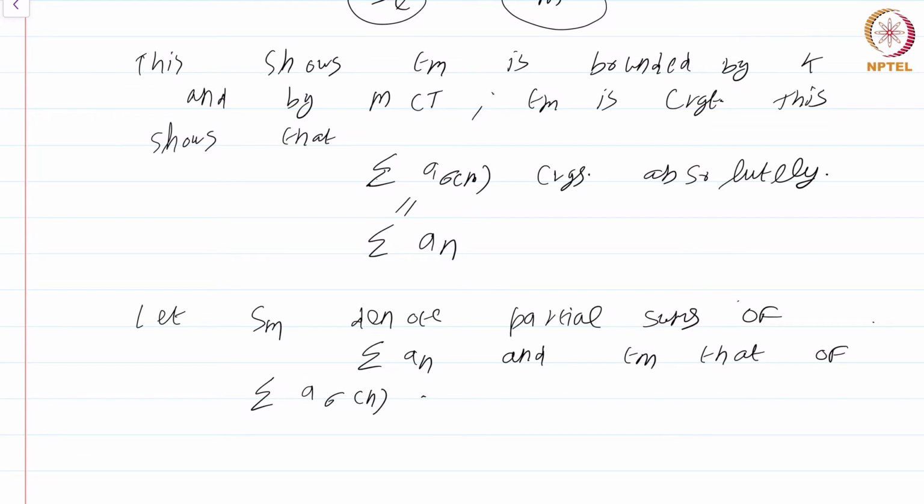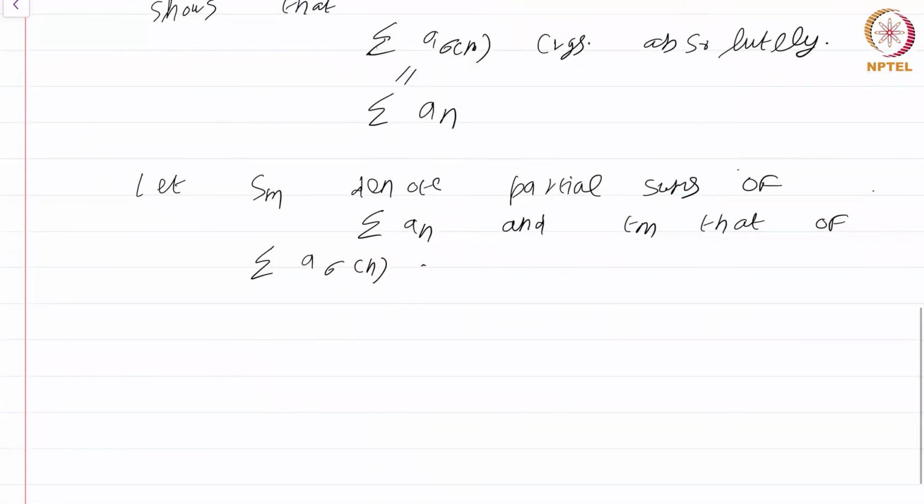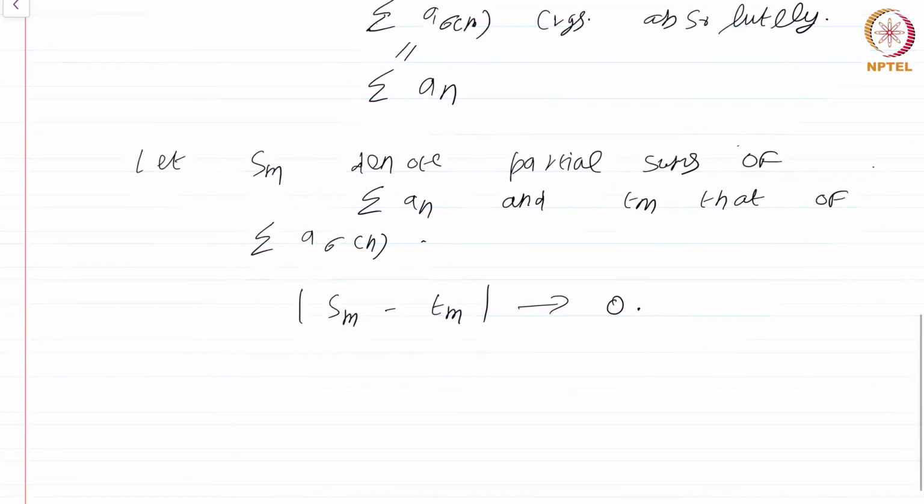Now we want to show that T_m converges to the same limit as S_m, and we can achieve that by showing that mod S_m minus T_m converges to 0. If we can show this, we are actually done, right? Now, how are we going to show that mod S_m minus T_m converges to 0? We pull the same trick that we pulled last time.